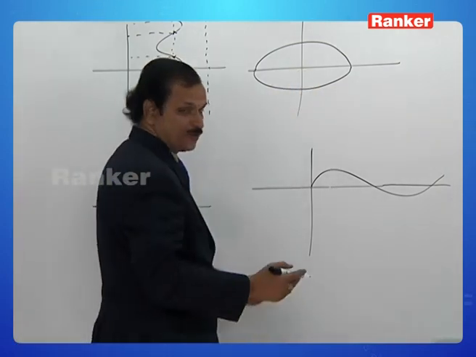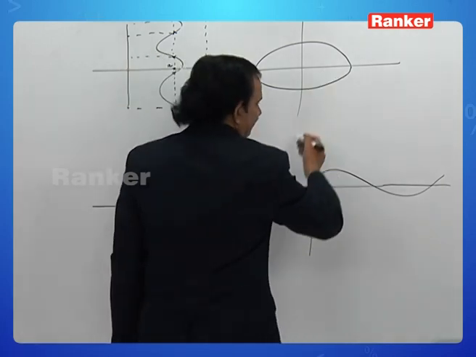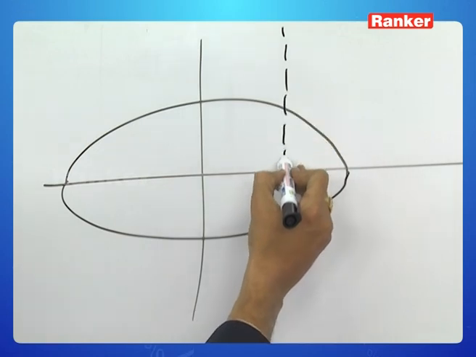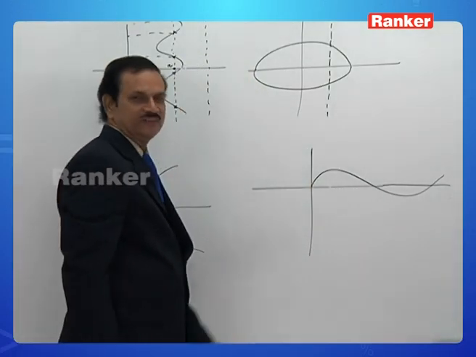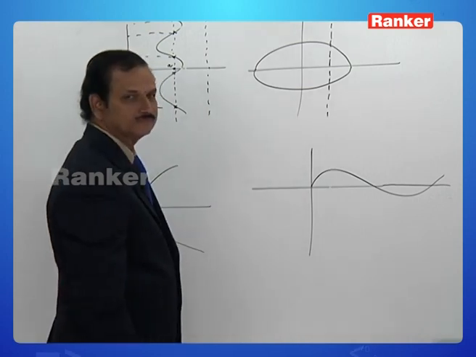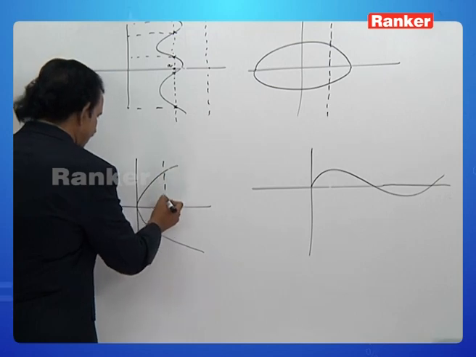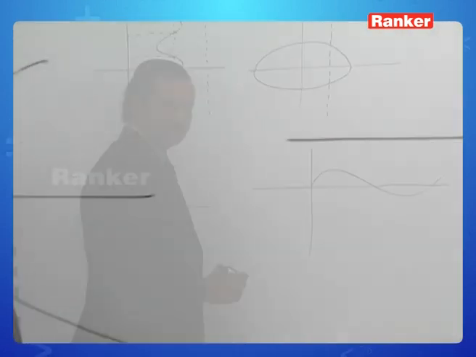Even though it is a well-known figure, an ellipse, even this is not a function, because if you draw a line parallel to the y-axis, it cuts the curve at two different points. It's not a function. Similar is the fate with this. It is also not a function, whereas that is a function.